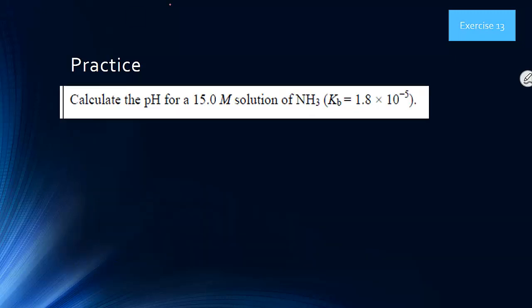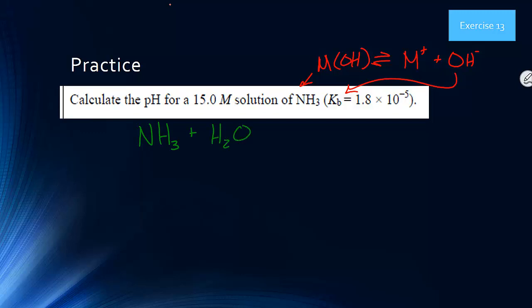So with exercise 13, we have a similar problem. You can substitute ammonia and just say ammonia is going to form some cation and a hydroxide. I know this because it's a base. Or you might remember from the beginning of this unit that ammonia reacts with water to produce ammonium and hydroxide.